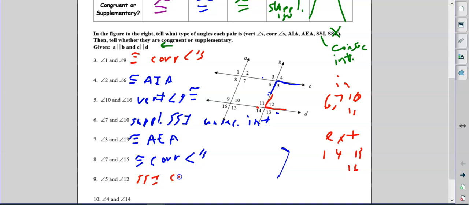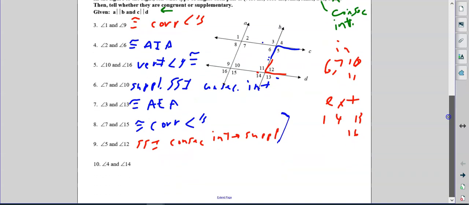SSI or consecutive interior, which means they are supplementary. And last but not least, 4 and 14. Well, here we have 4, and 14 is down the same transversal on the opposite side, so that is congruent alternate exterior angles.